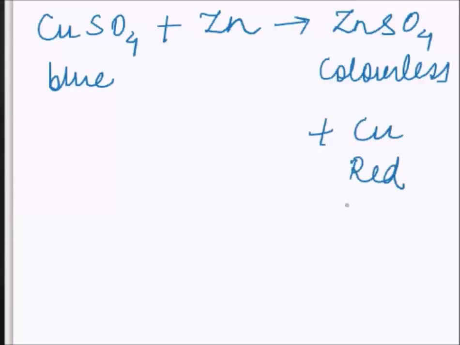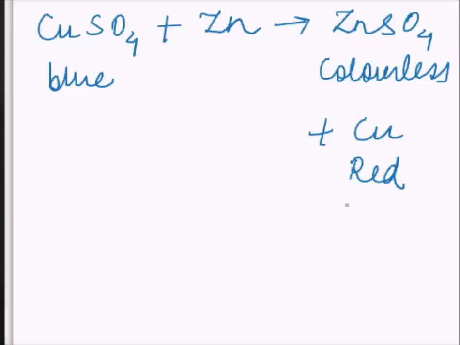So, when a piece of granulated zinc is added to a blue solution of copper sulfate, the blue solution fades due to the formation of zinc sulfate, and red copper metal is deposited on granulated zinc. Since zinc is a more reactive metal, it displaces copper from a solution of copper sulfate.